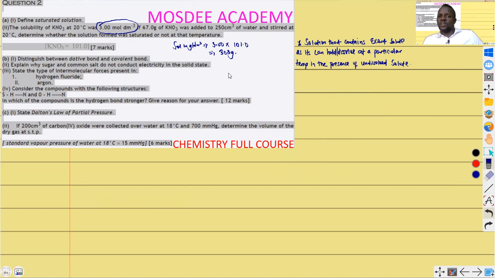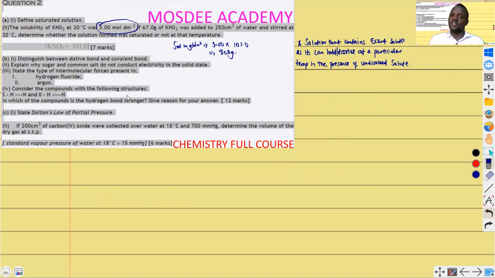So what I will do now is compare the way we normally do in chemistry. We say 303 gram is dissolving in 250 centimeter cube of water. Then how many gram, I'm using X here, dear student, will dissolve in 1,000?